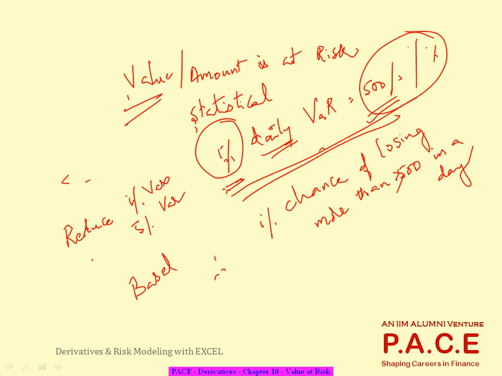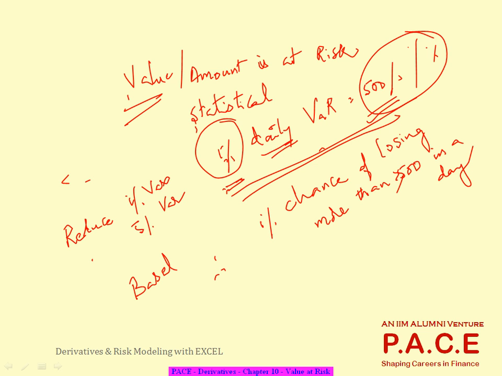So if at all it goes up to 500, do I have a mechanism to handle that loss? What are the steps I am doing to handle that? If it is very extreme, beyond that 99%, or if it falls into that 1%, okay, that's an extreme risk. You need to think of some other mechanism. But at least 99% of the times, are you in a position to handle your loss?